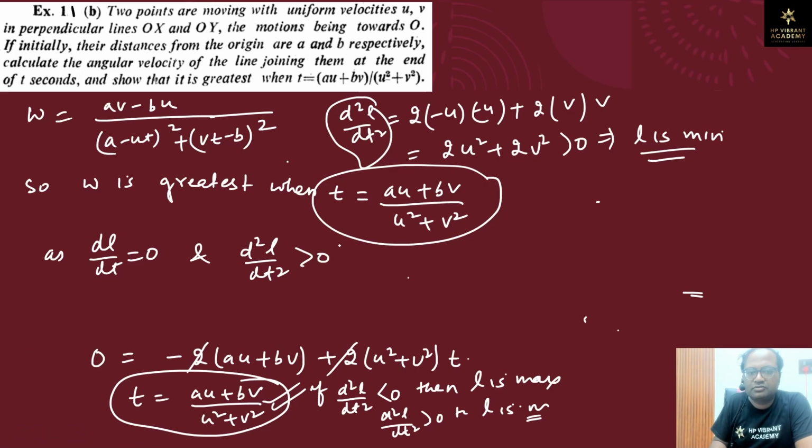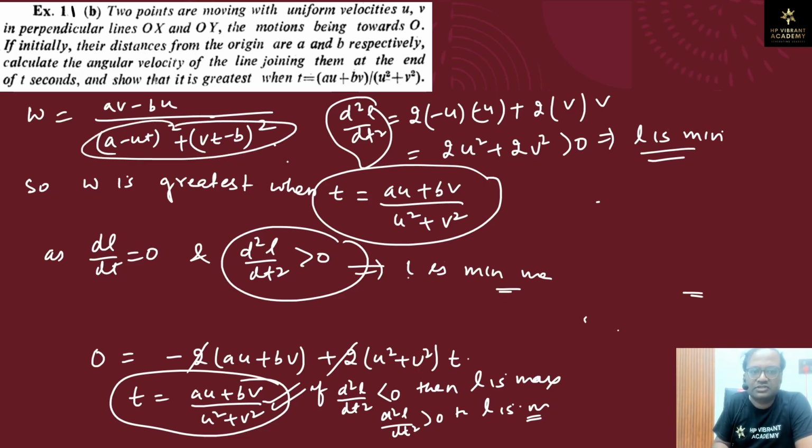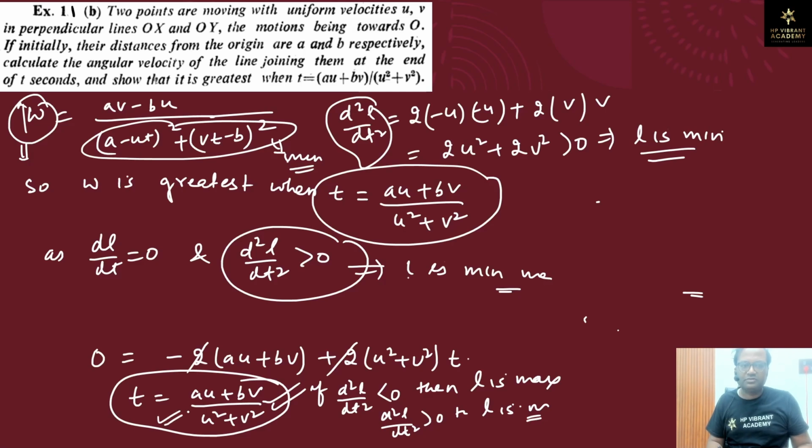This means L is minimum. Since L is in the denominator and has its minimum value, the angular velocity will be maximum. So angular velocity is greatest when T is equal to (AU plus BV) upon (U square plus V square). Okay, we will discuss further questions in the next lecture. Thank you.